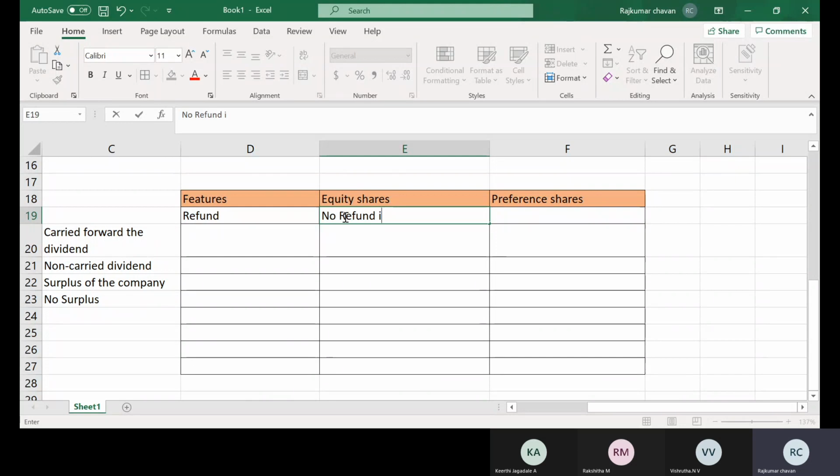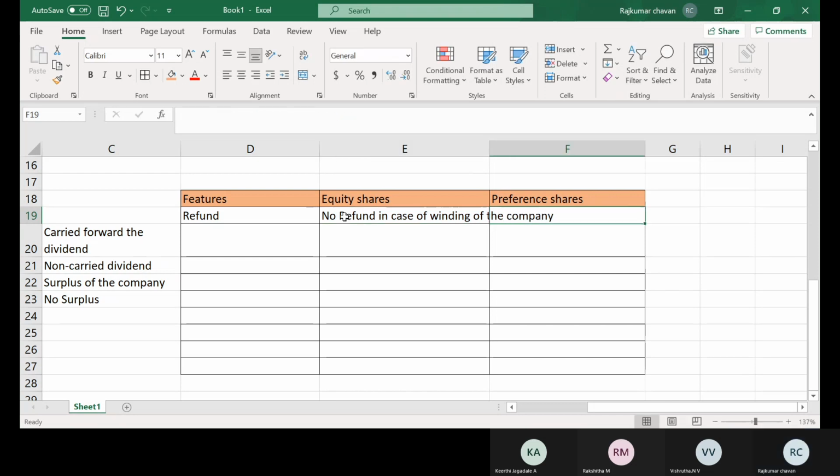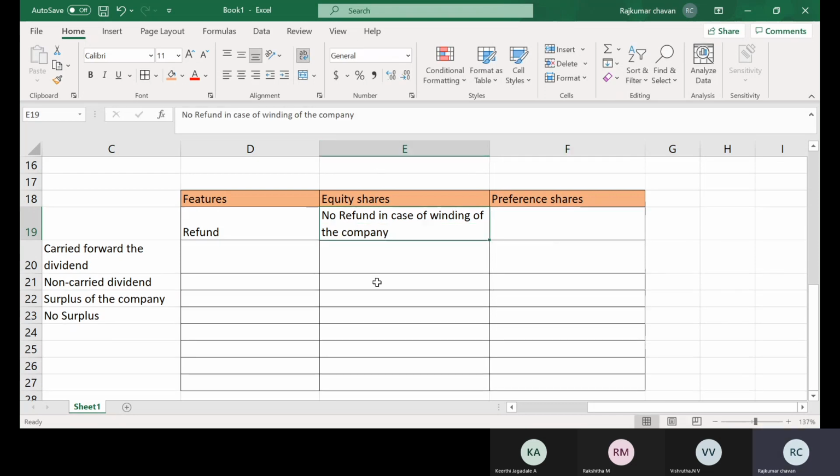The basic difference is in case of winding up of the company. This is a general difference I am discussing. Preference share, do you get refund of capital?